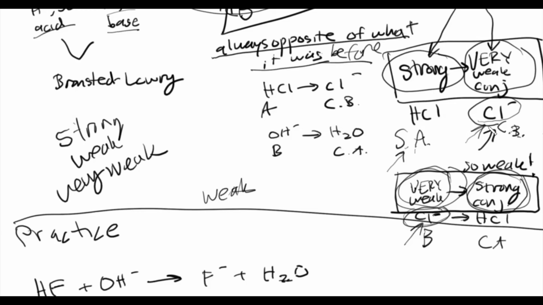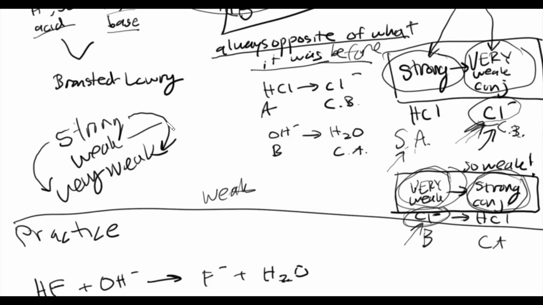So for example, Cl minus is very weak, which means that it's technically a base, it can be, but it's so super duper weak that it doesn't behave like one. So in this case, a very strong acid like HCl will form a very weak conjugate base. And the same idea goes for a strong base. A very strong base will form a very weak conjugate acid.